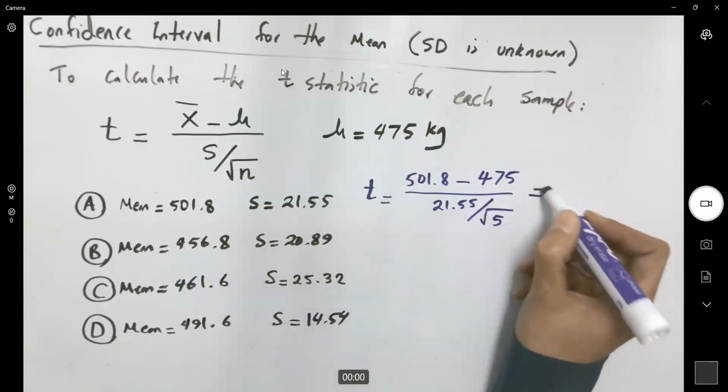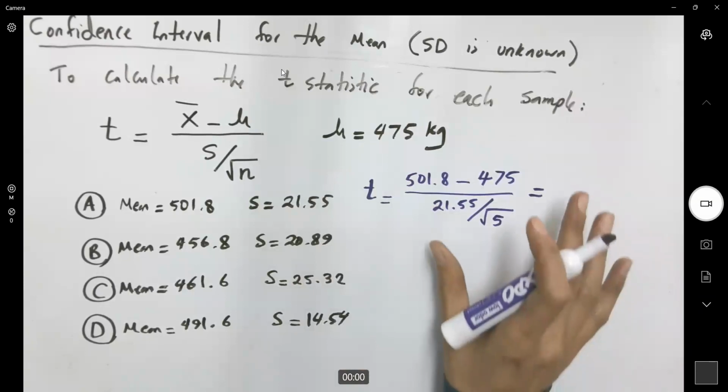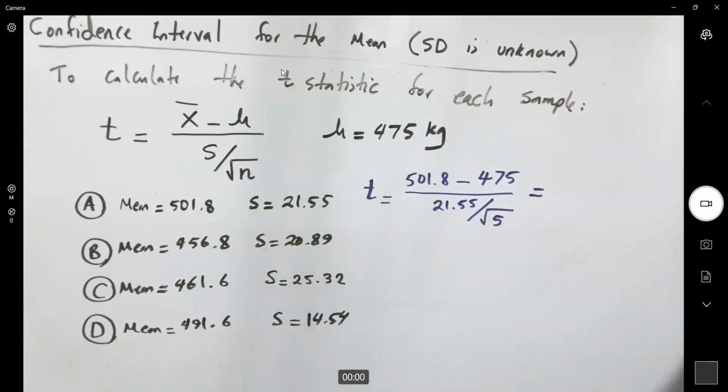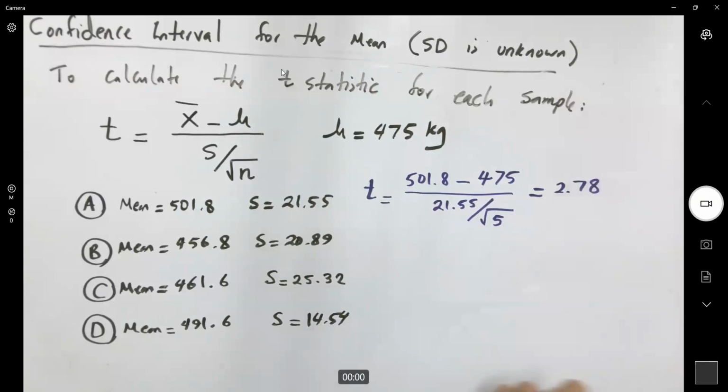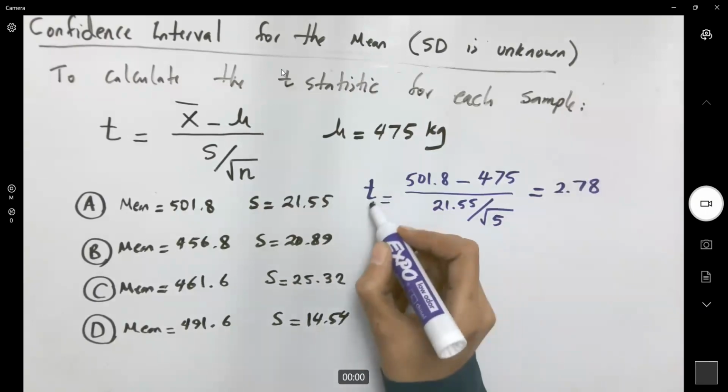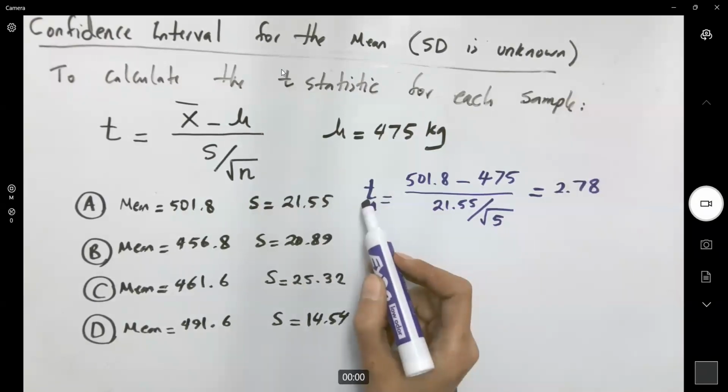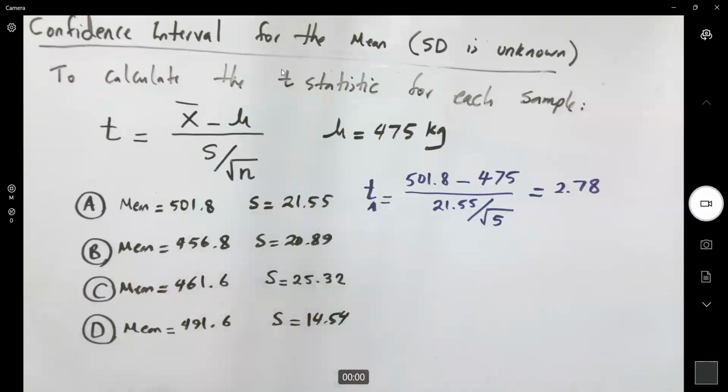The sample size was 5. We're going to use our calculator to approximate this number, which gives us about 2.78. This is T sub A. This is the test statistic for the first sample.